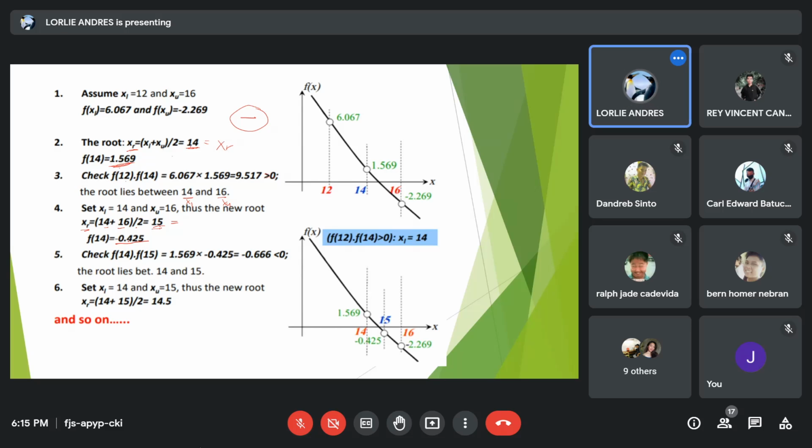0.425. So, this negative 0.425 is multiplied by f of 14. What is your f of 14?